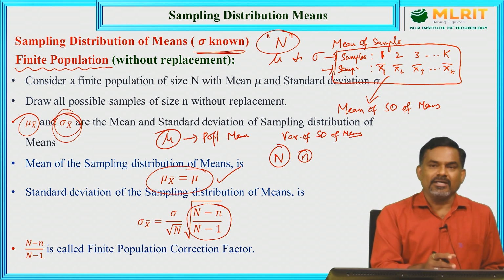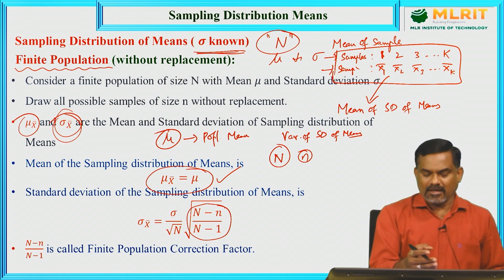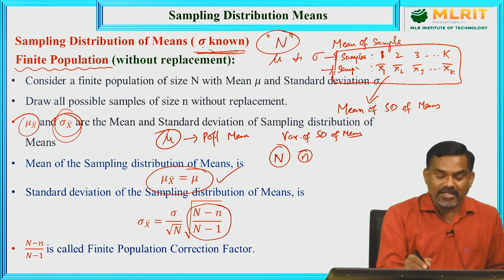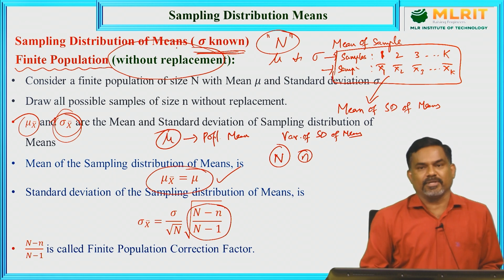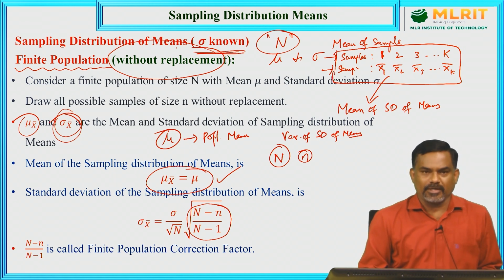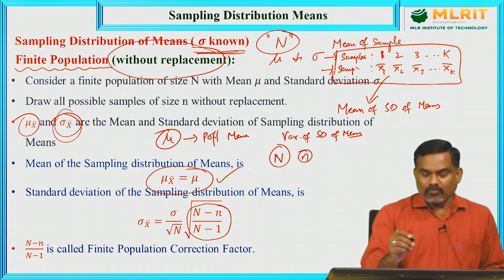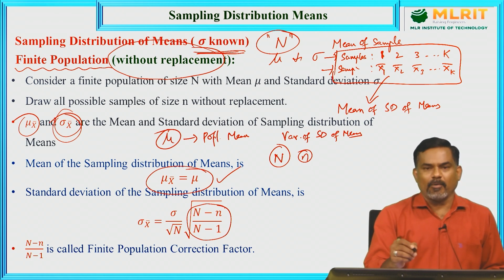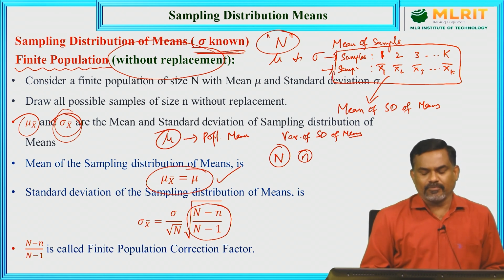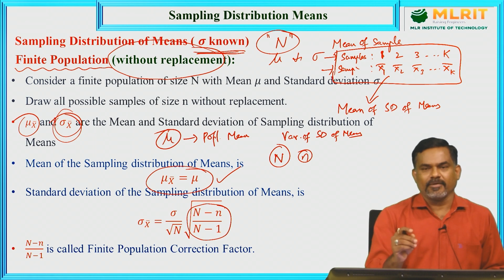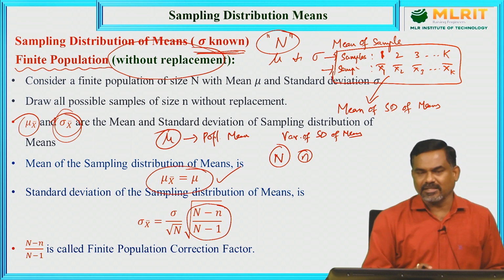The same thing can be expressed in another way: the sampling is done without replacement. What does it mean? Without replacement means we cannot select an element of the population more than once. If we selected a particular element, we are not replacing it back, so we cannot select it again.